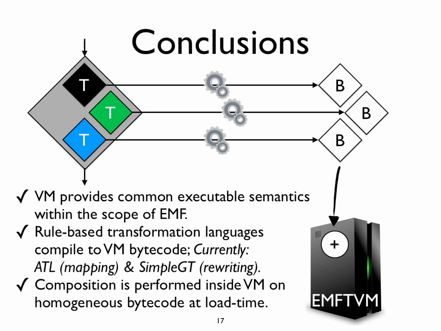So currently we have support for ATL, which is a mapping style language, and simple GT, which is a rewriting style language, which goes to show that we can actually find a common notion of rule inheritance for different meanings of rule. The composition is performed inside the VM on actually homogeneous bytecode.